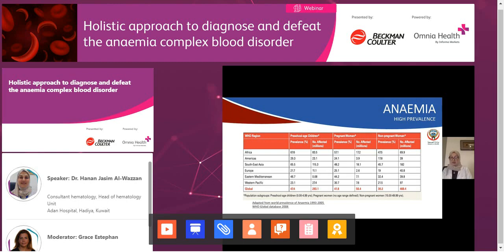The highest prevalence is in preschool children and the lowest in males, with the prevalence of anemia in preschool children at 67% in Africa, and 21% in Europe. The prevalence of anemia in pregnant females is 57% in Africa, and 25% in Europe.